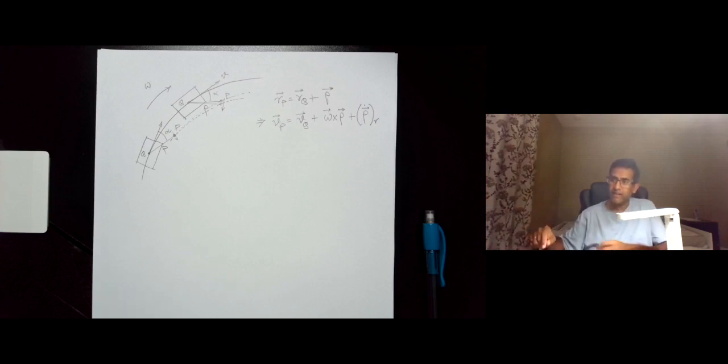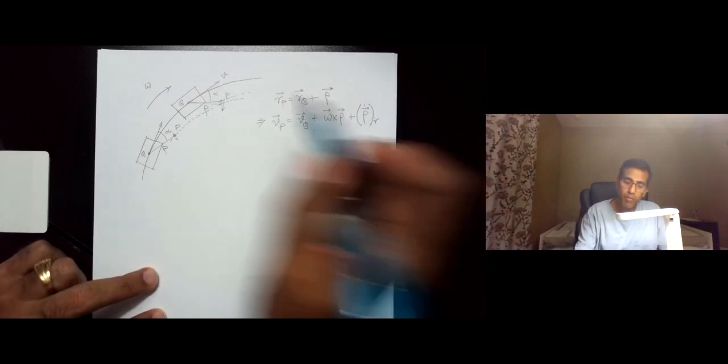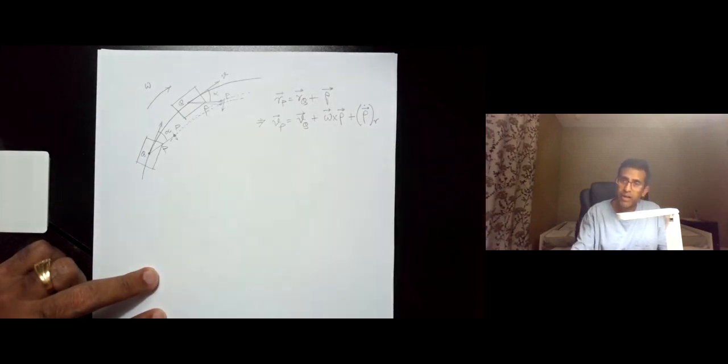Now if you are just measuring it based on your visual, you can look at the bottle, you will see the rattle of the bottle, you'll have some estimate of the velocity, but that velocity estimate is with respect to you in the car which is rotating. So it is a velocity that you are perceiving within the rotating frame, and so that velocity is rho dot r. This is the velocity of that motion of P within the rotating frame.